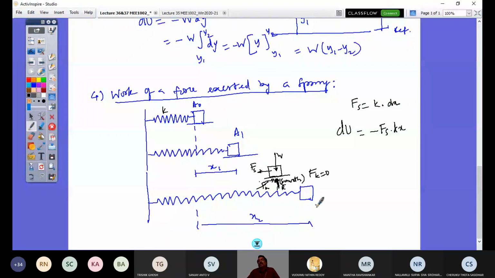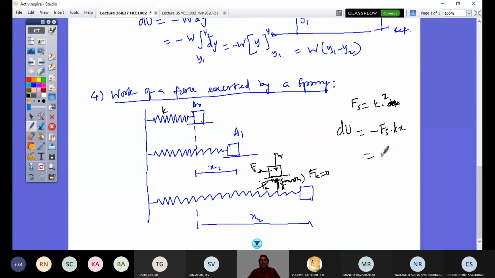So the work done by the force exerted by the spring is minus Fs into dx. So I can substitute this Fs as k into displacement x.